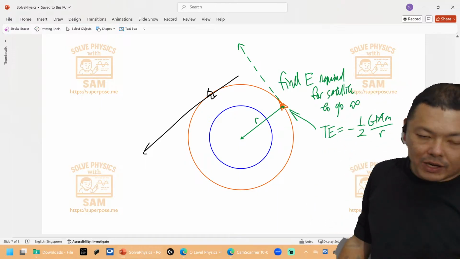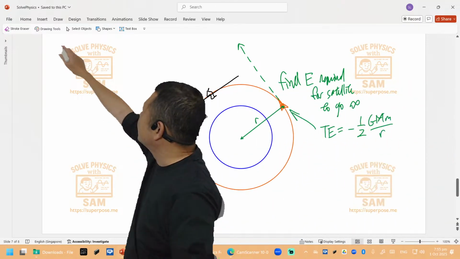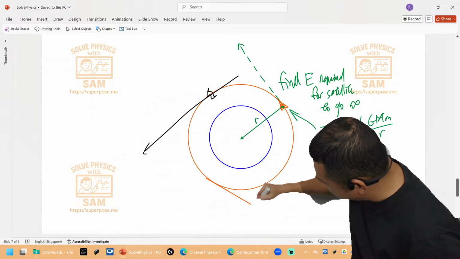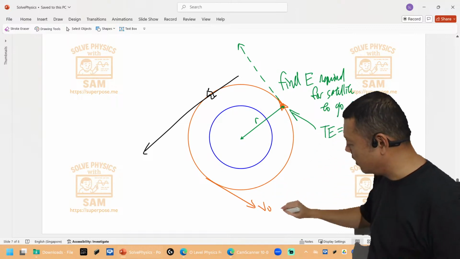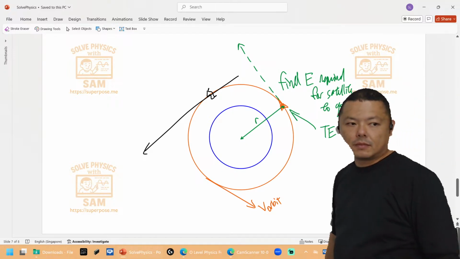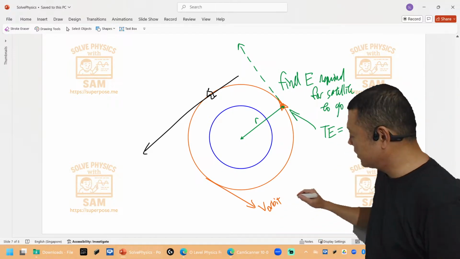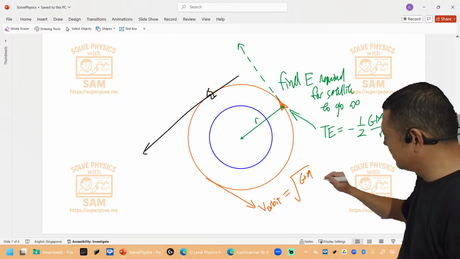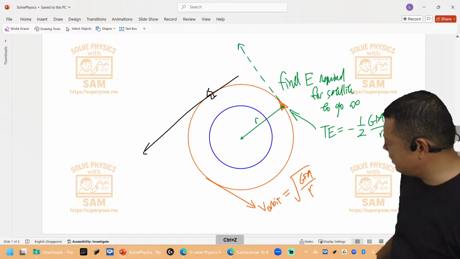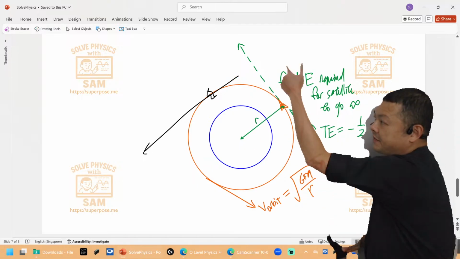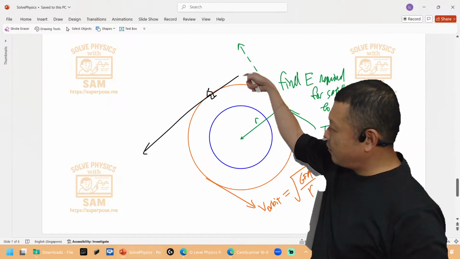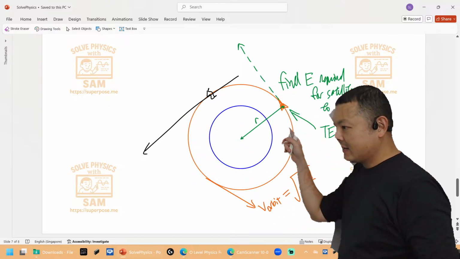One way to calculate the orbital speed for this orbit: what's the v? Square root of GM over R. Then you compare the speed. If this speed is more than this, then no, it will not be in this orbit.